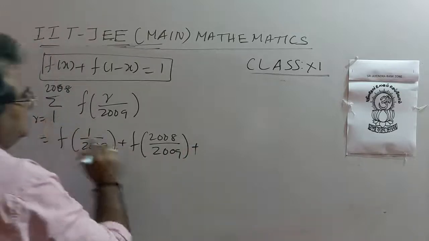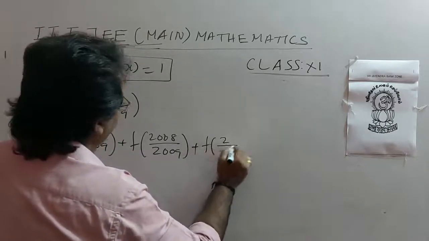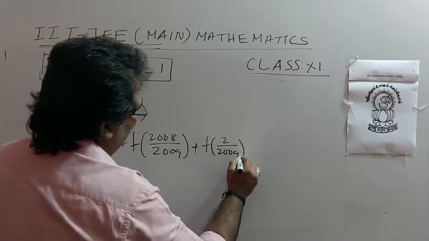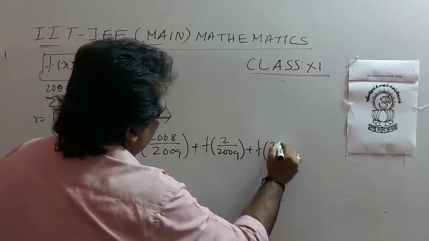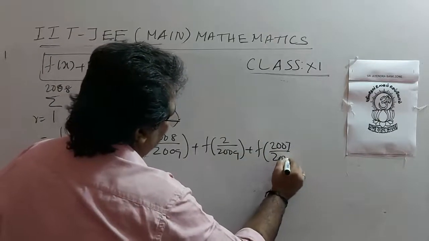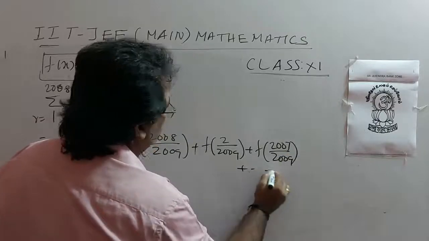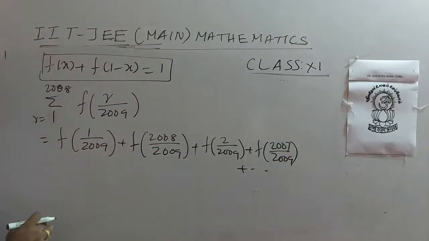If you take 2, f of 2 by 2009 plus f of 2007 by 2009.